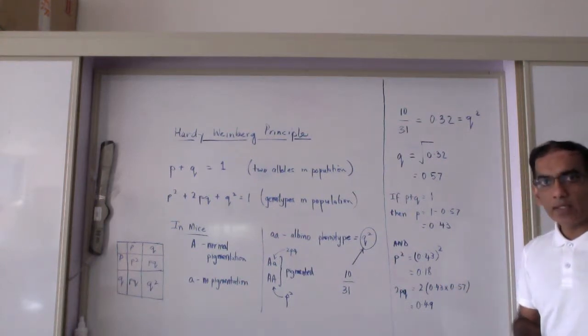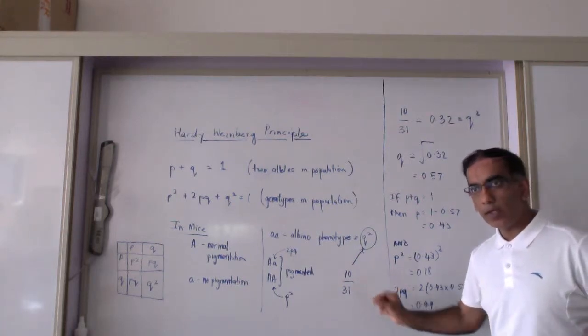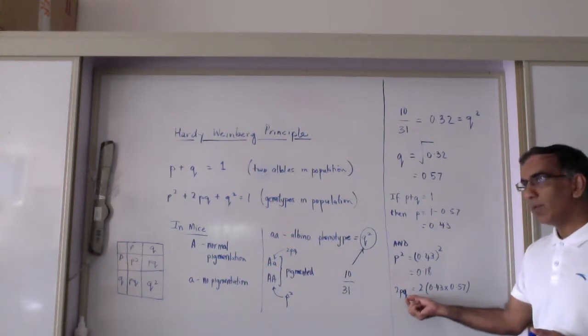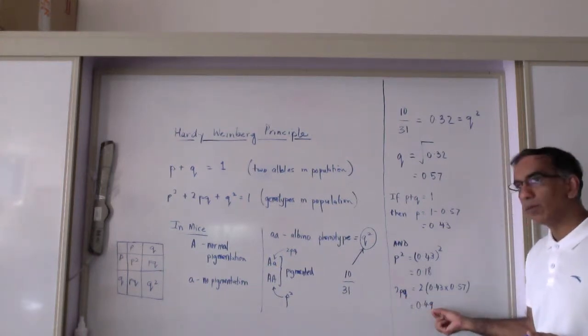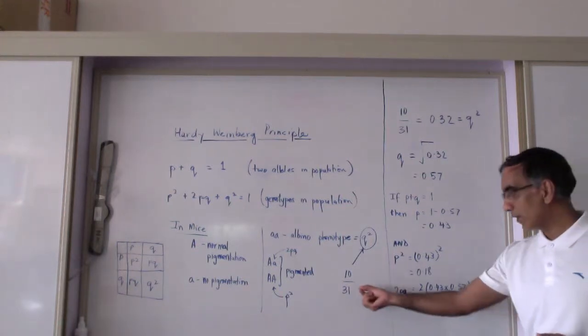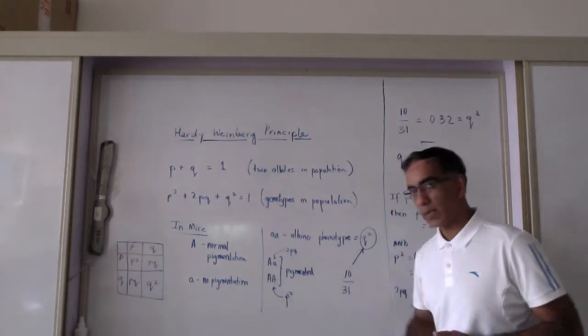What that means is that 18% of this population of 31 are homozygous for the dominant allele. And because 2pq comes to 0.49, it means 49% of this population of 31 are heterozygous.